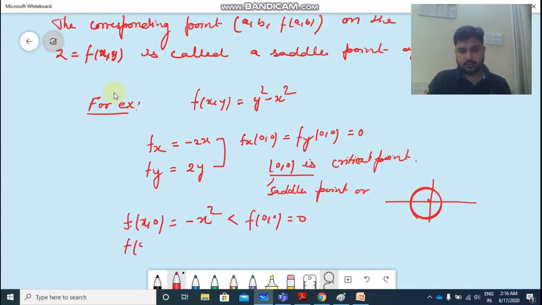And f(0,y) is equal to y square, which is always positive, so it is greater than f(0,0).